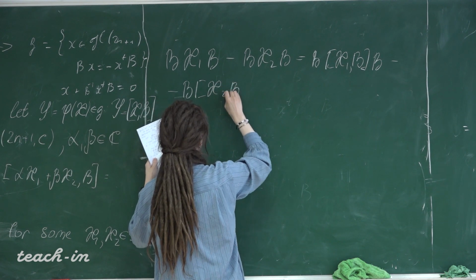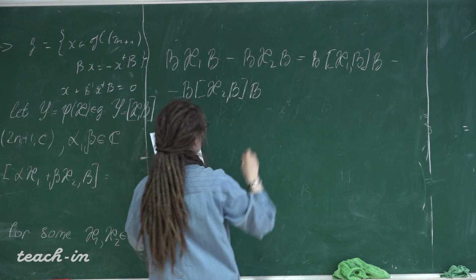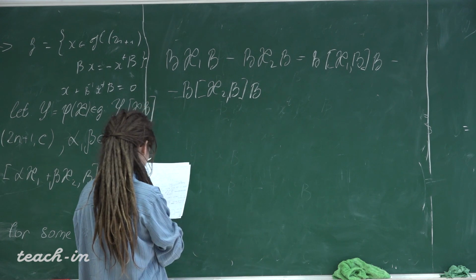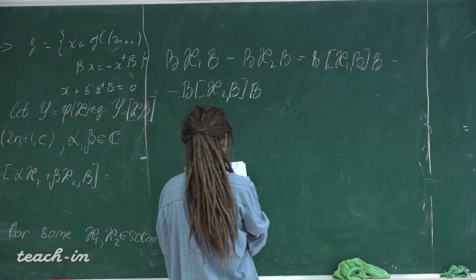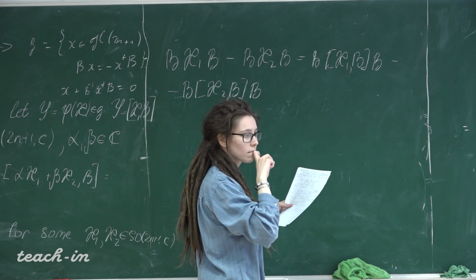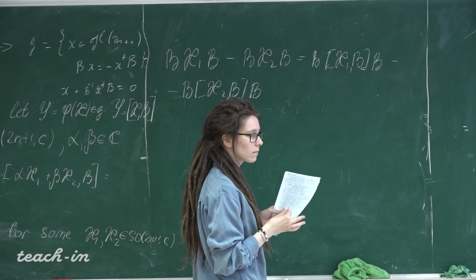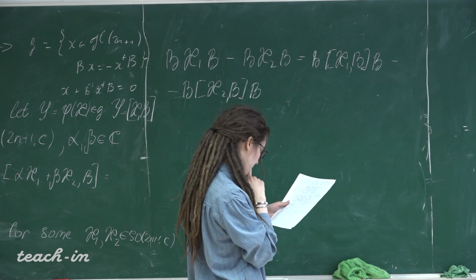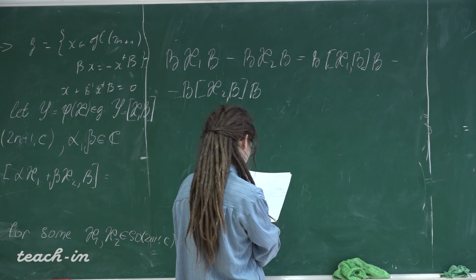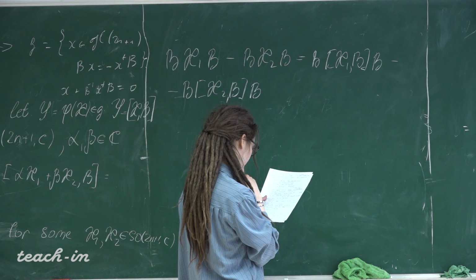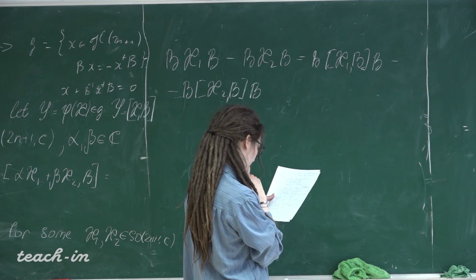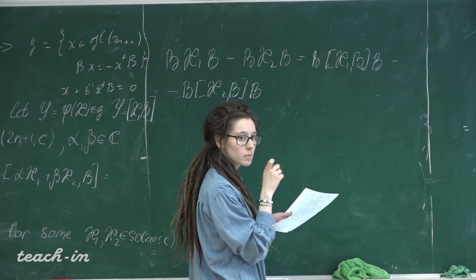If x1 and x2 were not from SO, then of course injectivity would not be true, because we could just add b, for example. If I have some x, then x with b and x plus b with b is the same thing, right?